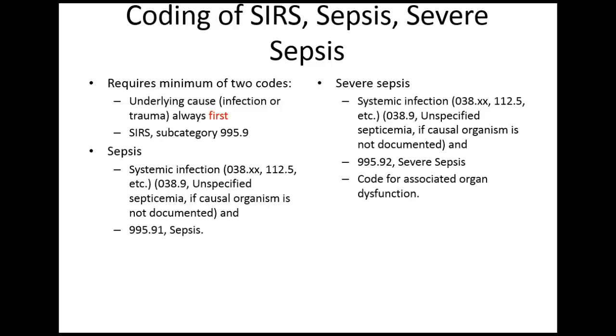You also need to know sepsis, which is a term generally used to refer to SIRS due to an infection, and severe sepsis generally refers to sepsis associated with acute organ dysfunction. The coding of these conditions requires a minimum of 2 codes. Note, minimum. Septic shock generally refers to circulatory failure associated with severe sepsis and therefore represents a type of acute organ dysfunction.